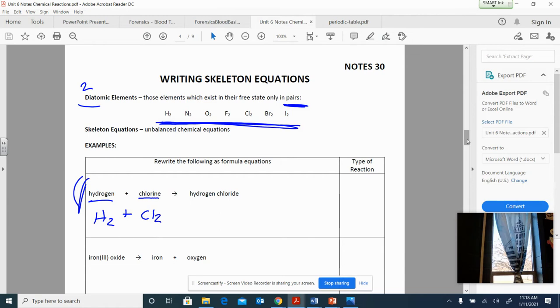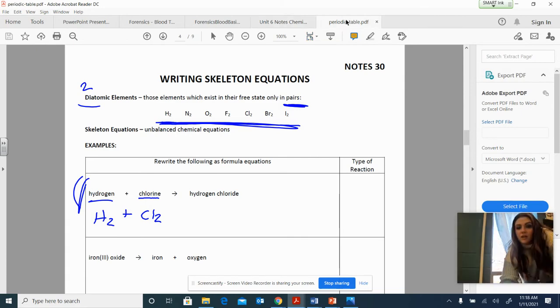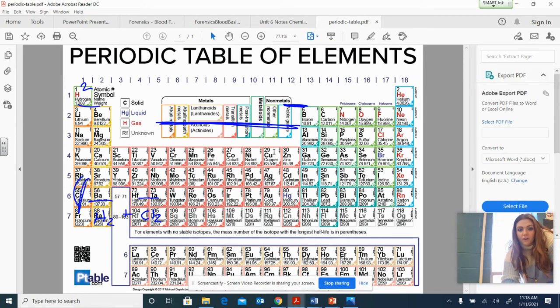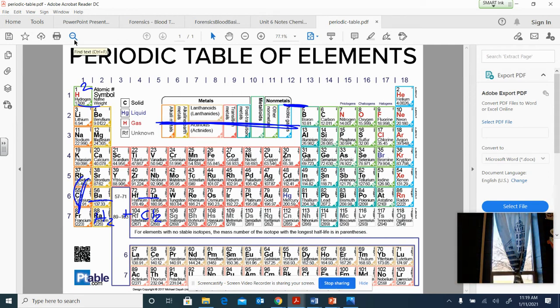A way to kind of help you remember those 7, I have my periodic table here. Let me click on it. Not letting me. So I gotta go back over here. So over here, the 7 elements are kind of grouped together and they actually make the shape of the 7, except for hydrogen.